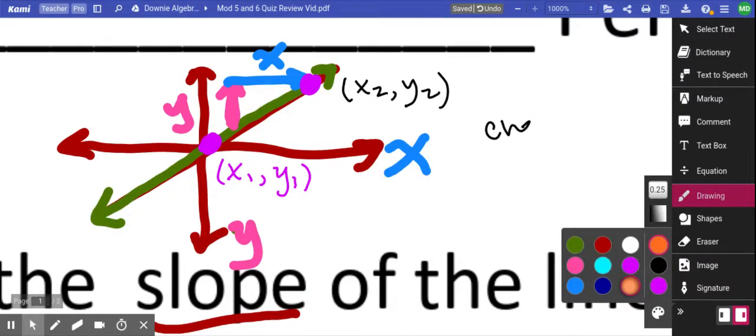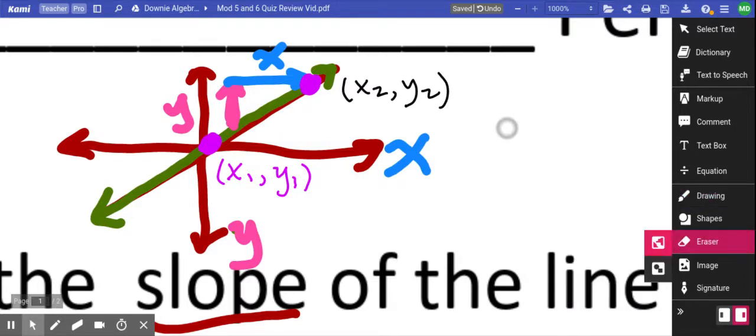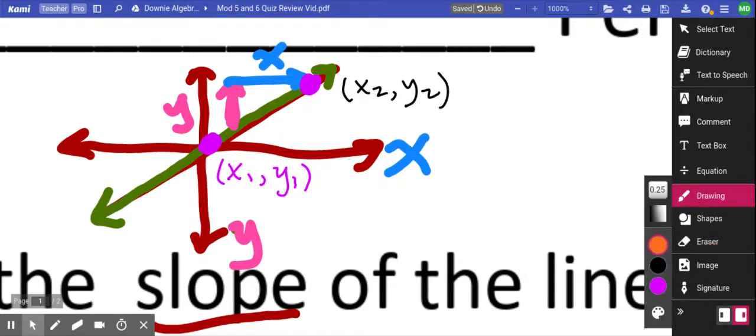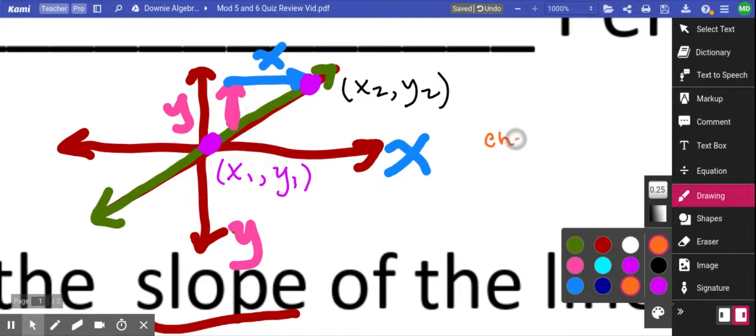Okay, so my change can be represented with subtraction.